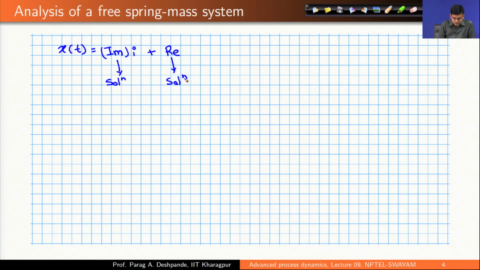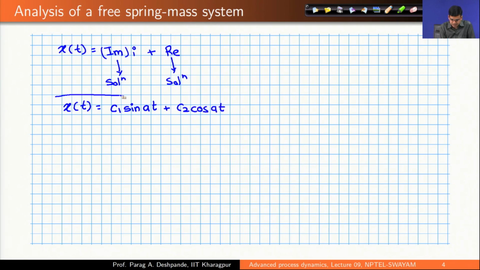So, when you work that out, what you get is that x of t can be written as a linear combination of the imaginary and real parts. Let us call it C 1 times sine of A t plus C 2 times cos of A t.